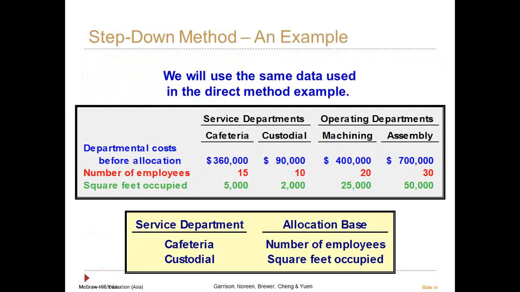There are 2 service departments here, cafeteria and custodial, and 2 operating departments, machining and assembly. Cafeteria costs are allocated to the operating departments based on the number of employees in each department. Custodial costs are allocated to each operating department based on the number of square feet in each operating department.